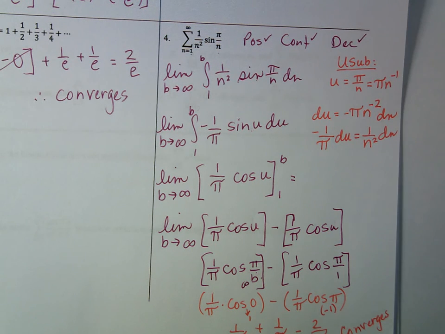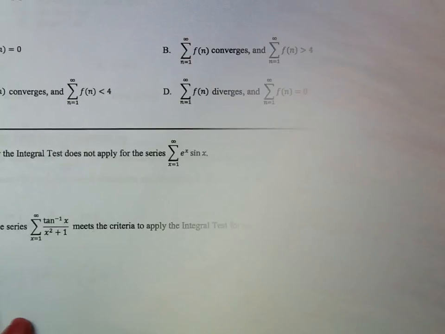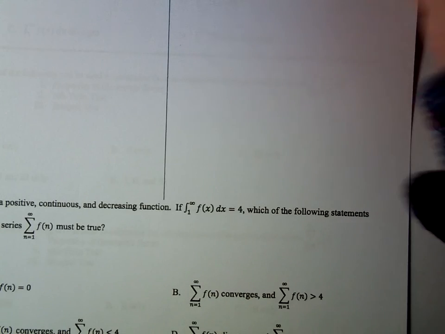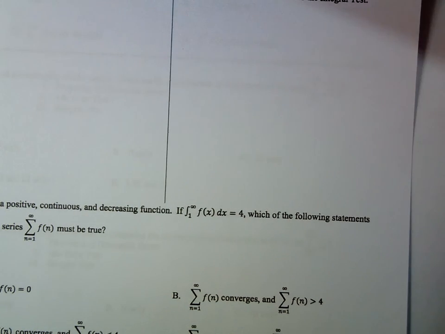Are we loving these yet? These get pretty long. The lovely integral test. All right, let me see if there's any others on my list. Number 11 was last on my list. Let me give you some clues for a couple of them as we come along here.